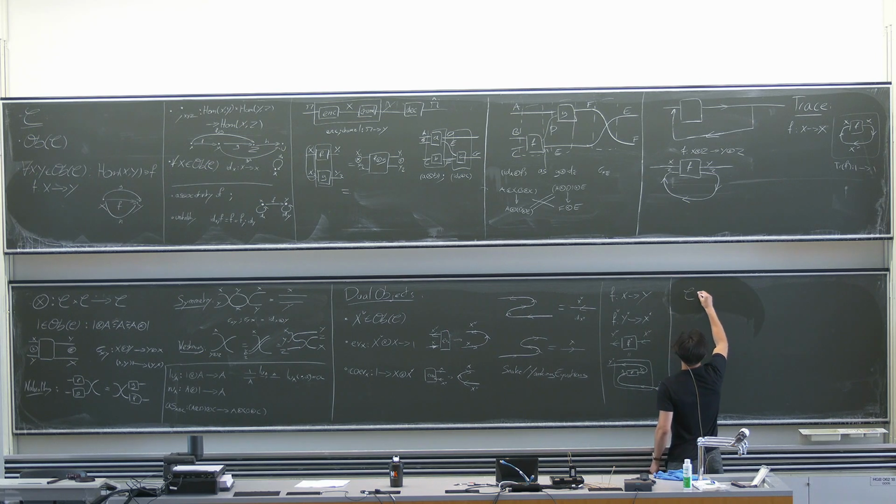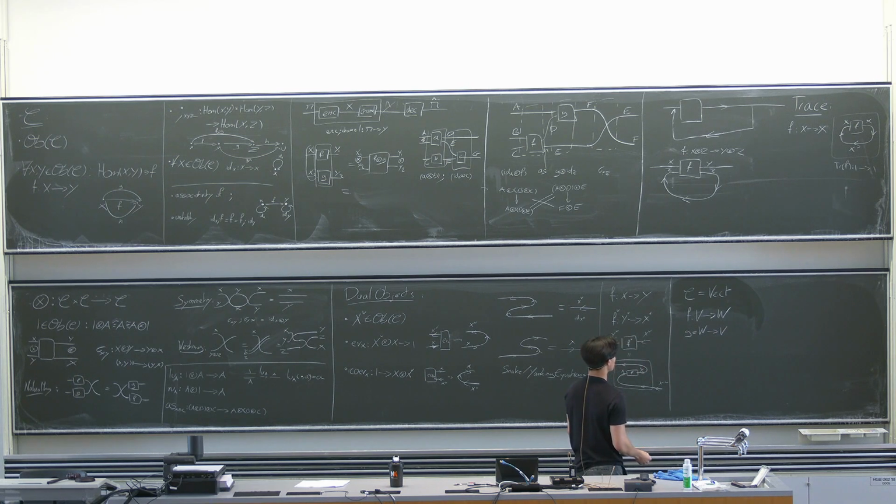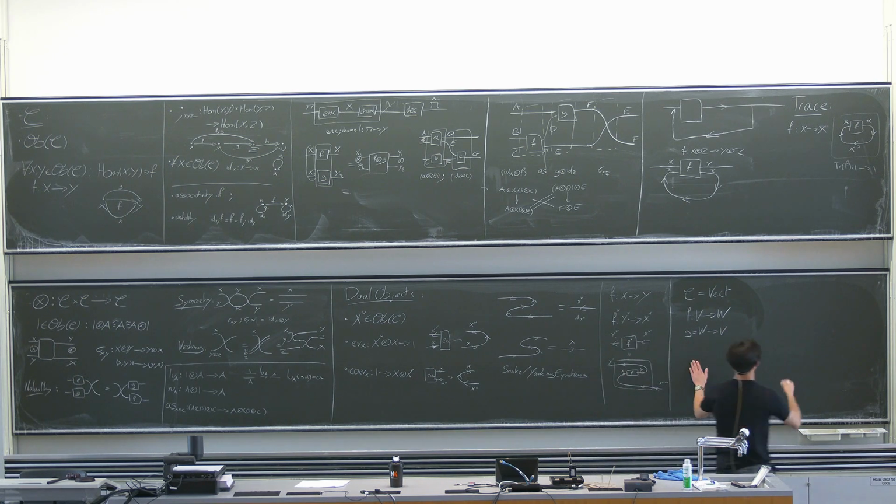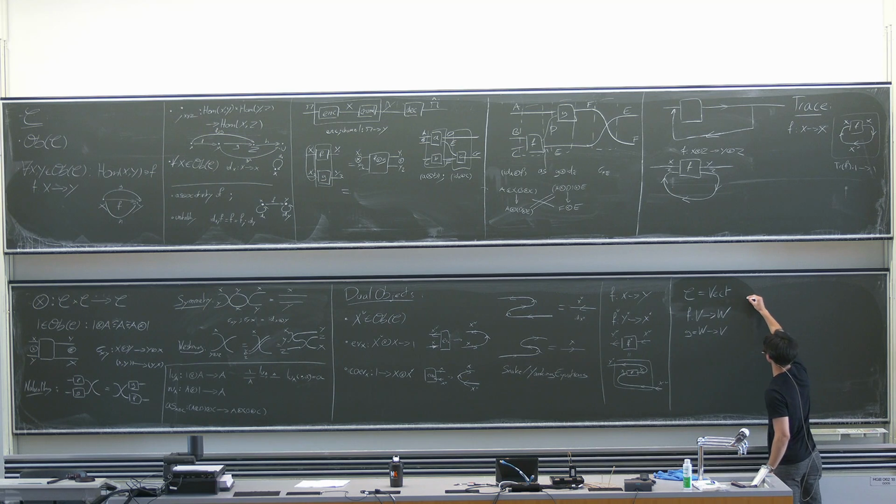So, category of vector spaces, we're going to have F be a morphism from V to W, and G be a morphism from W to V. And what we're going to do is, let's consider the trace of F composed with G, which is from V to V, right?